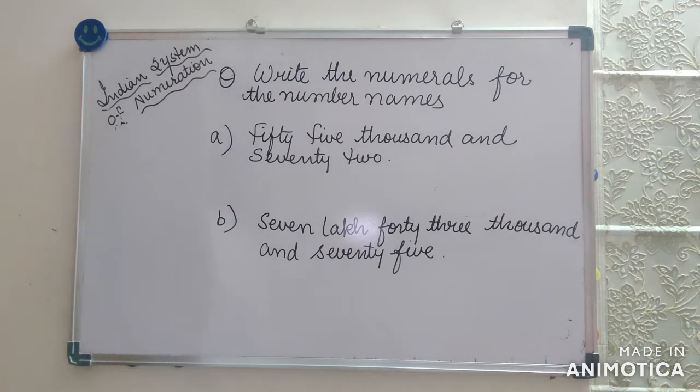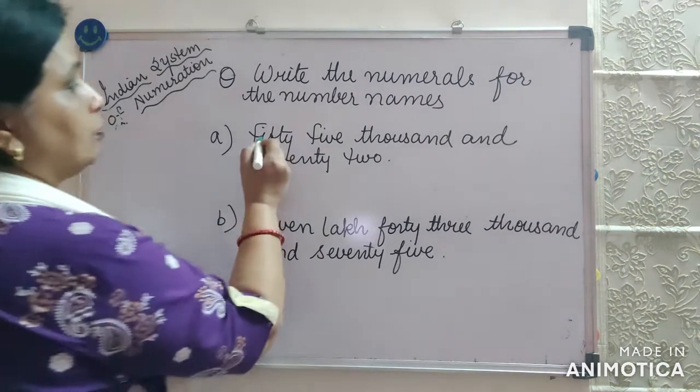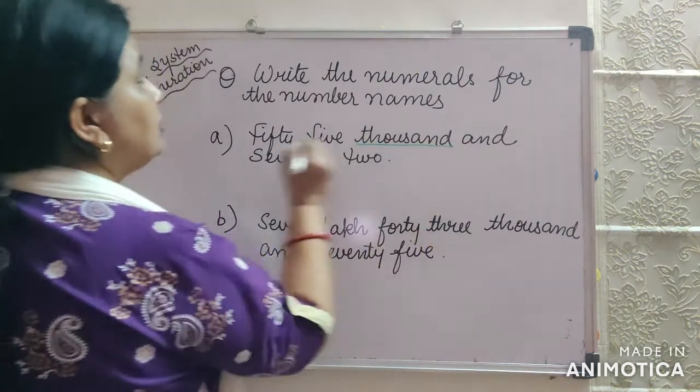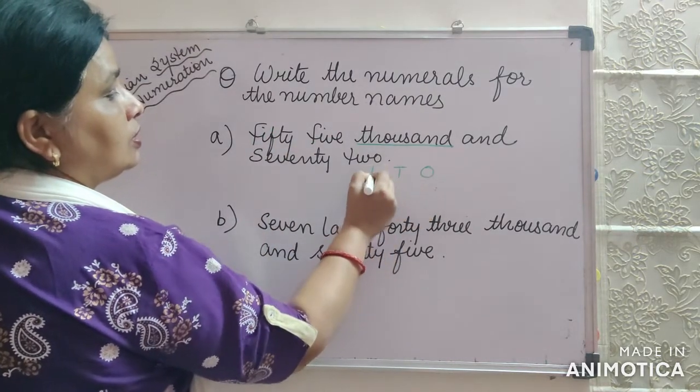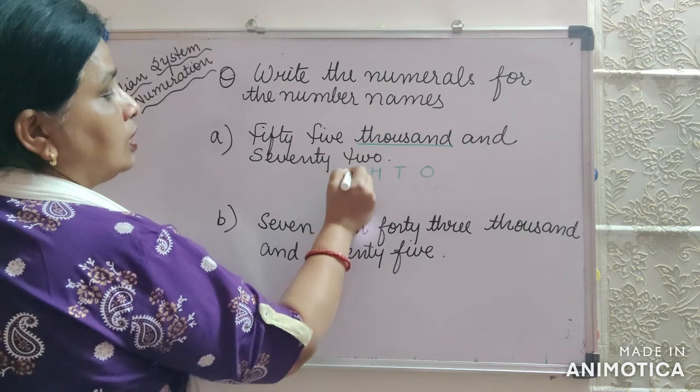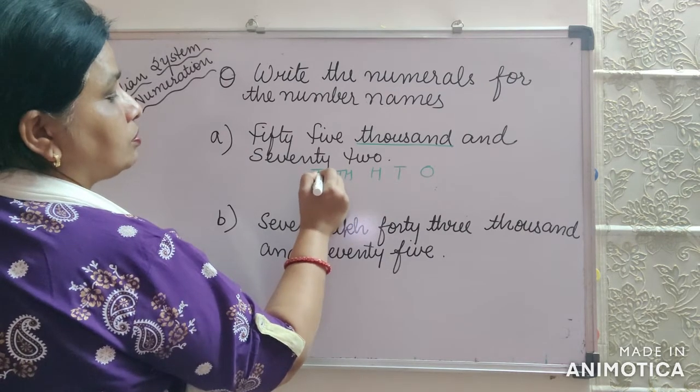Now children, in the next question you will have to find out the numerals for the following number names. So what is the easy method of doing this type of sum? I am going to tell you the easy method: first just see the highest place. 55,000 means up to ten thousands. So you write down the places ones, tens, hundreds, thousands and ten thousands.